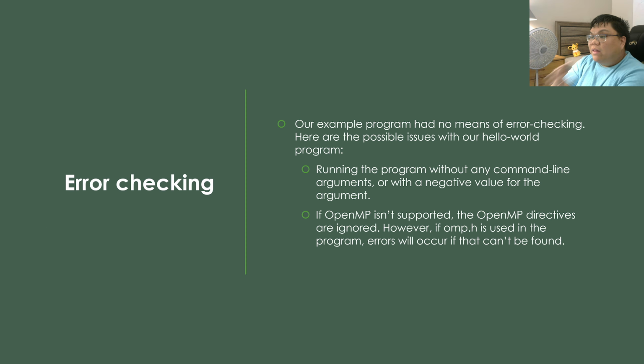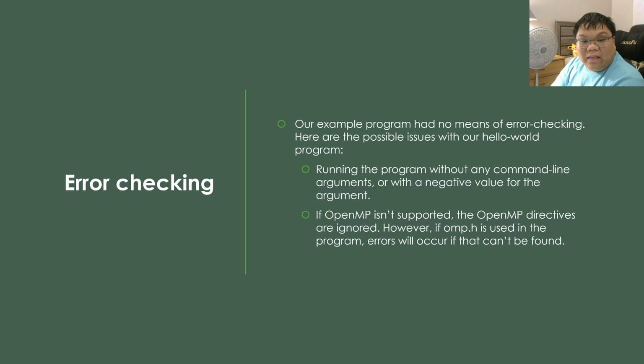Okay, so that example had no means of error checking, so it's a good idea to have some means of error checking. The possible issues with this particular program are going to be the same issues as before with the pthreads program. You must pass in a command line argument for the number of threads to run. You can hard code it if you want to, or if you want to go above and beyond, you can add some error checking and then just go with the default value instead.